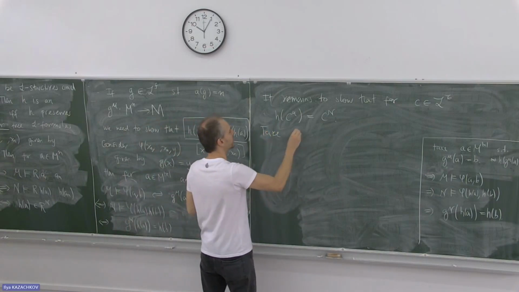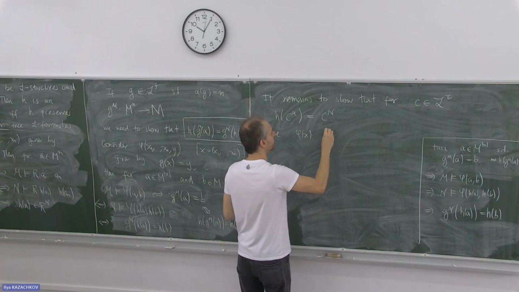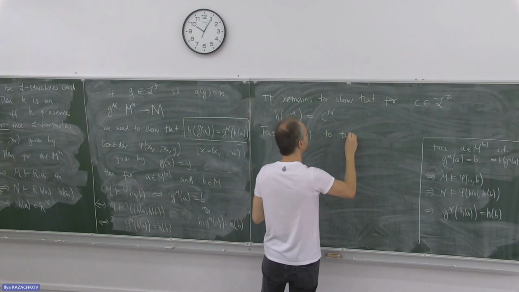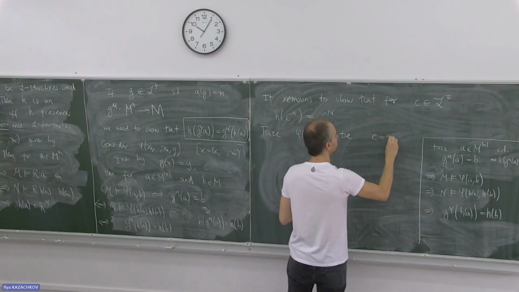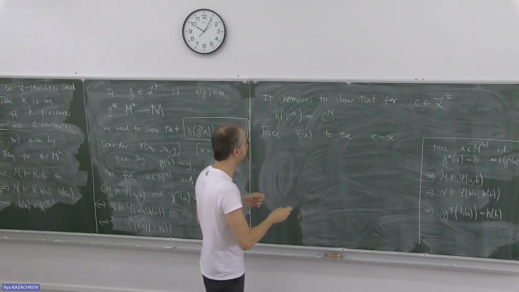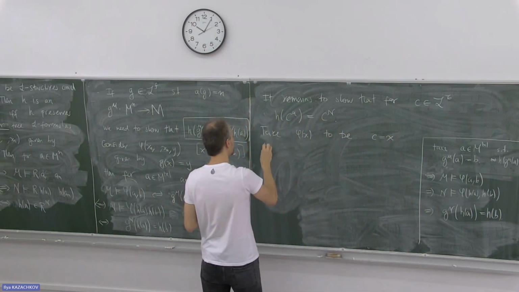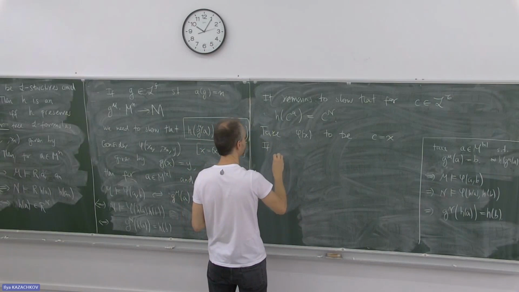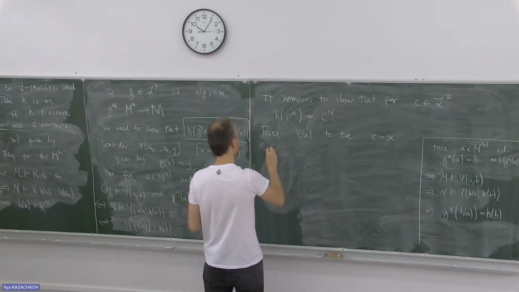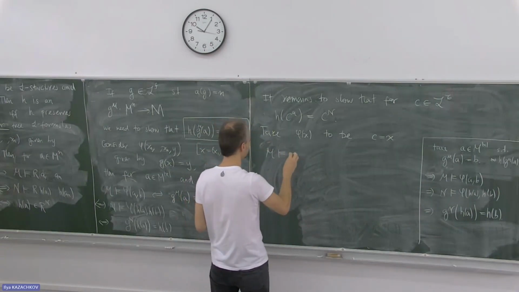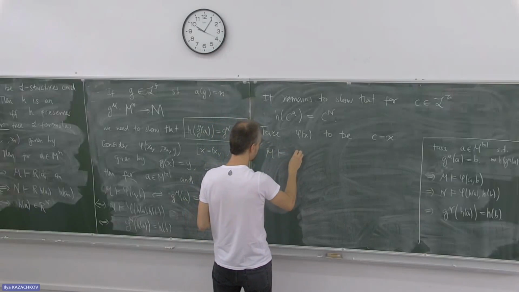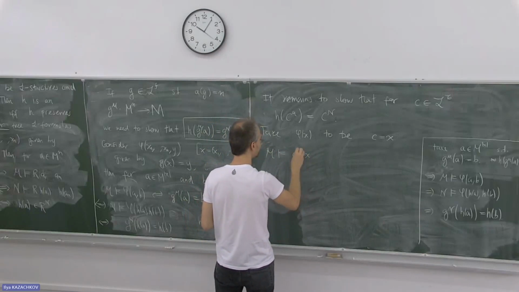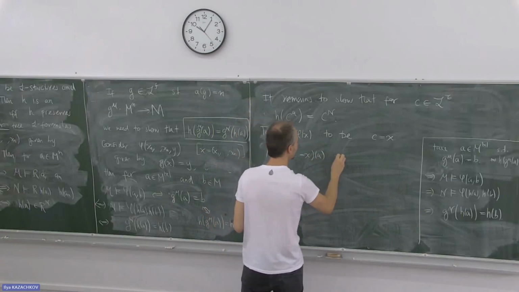Yes. Take phi of x to be the formula c equals x, right? And then in this case, we have m satisfies c equals x, applied to a, right?